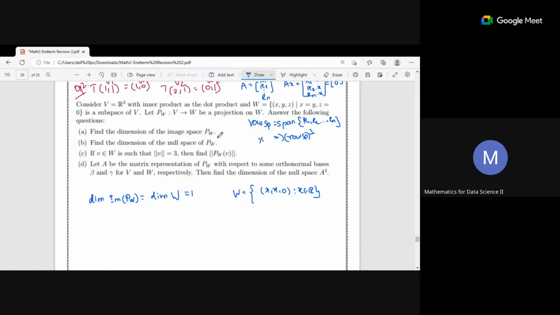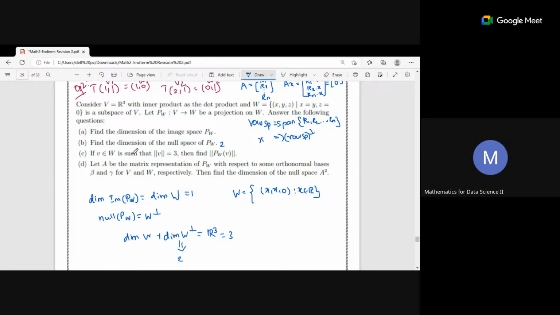And what is the dimension of null space of PW? Null space of PW is nothing but W perp. What is the property I told you about the dimensions of W and W perp? It has to be 3 minus 1, which is 2. So this answer is 2.